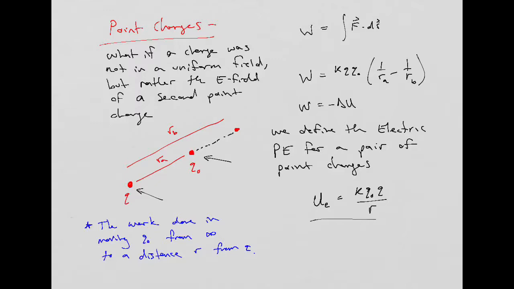You can see it referred to two different ways. You could be asked, what is the potential energy associated with these two charges, or you could be asked, what is the work required to bring Q naught from infinitely far away to Q, and they mean the exact same thing.